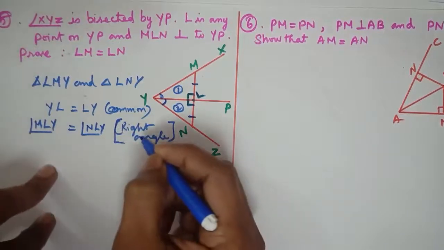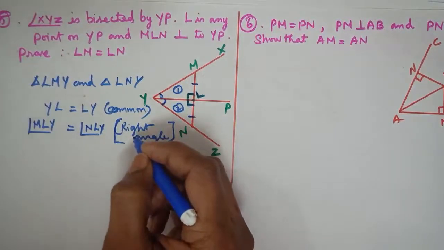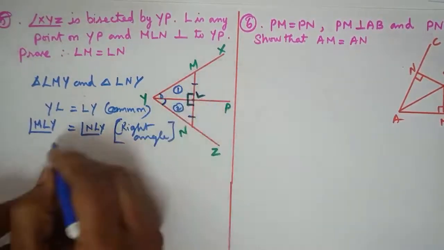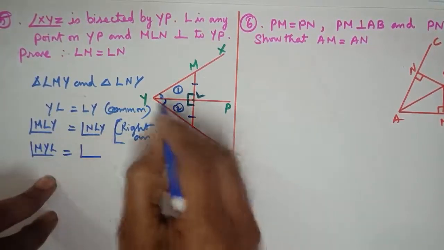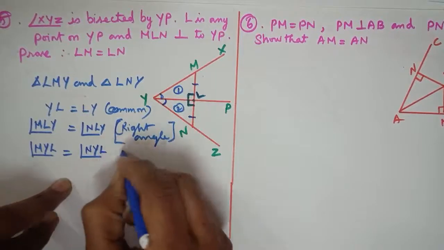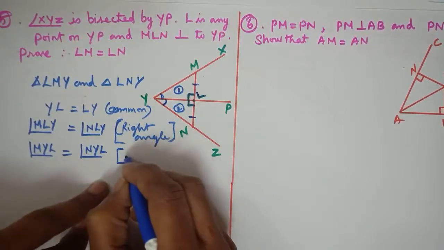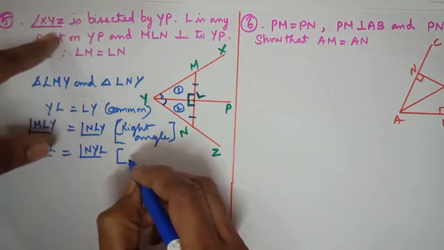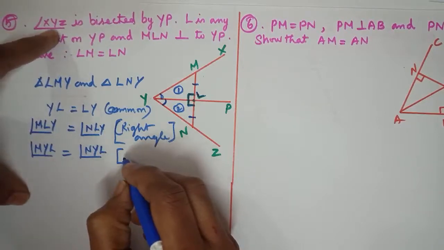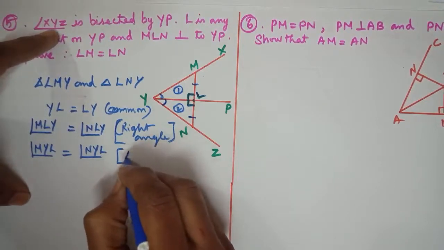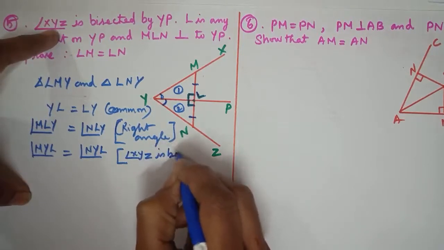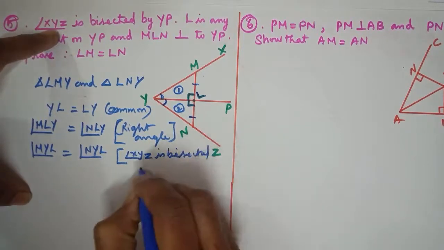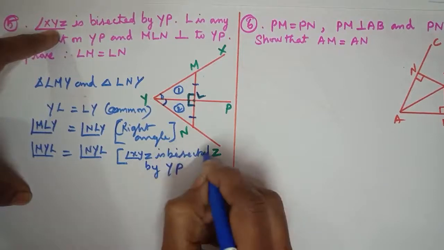Then angle MYL is equal to angle NYL, because angle XYZ is bisected by YP.